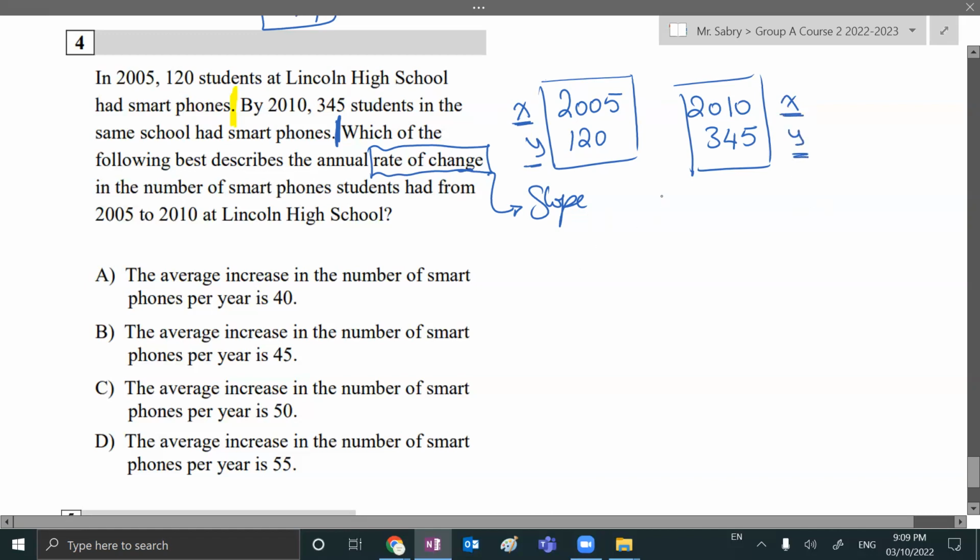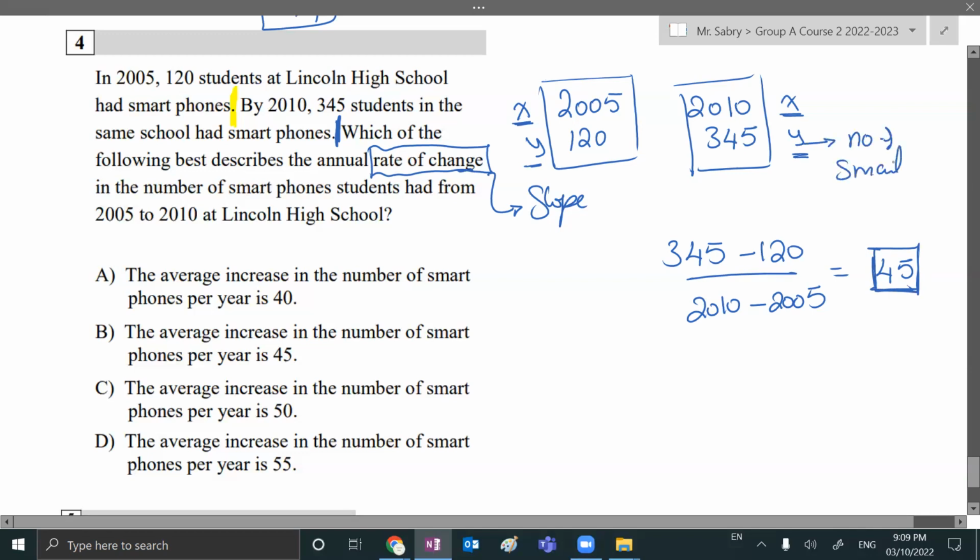So I can now actually calculate the slope by getting the change in y, which is 345 minus 120, over the change in the years, which is 2010 minus 2005. When you do this, you should get 45. What does that mean? Y represents the number of smartphones, while X represents the years.